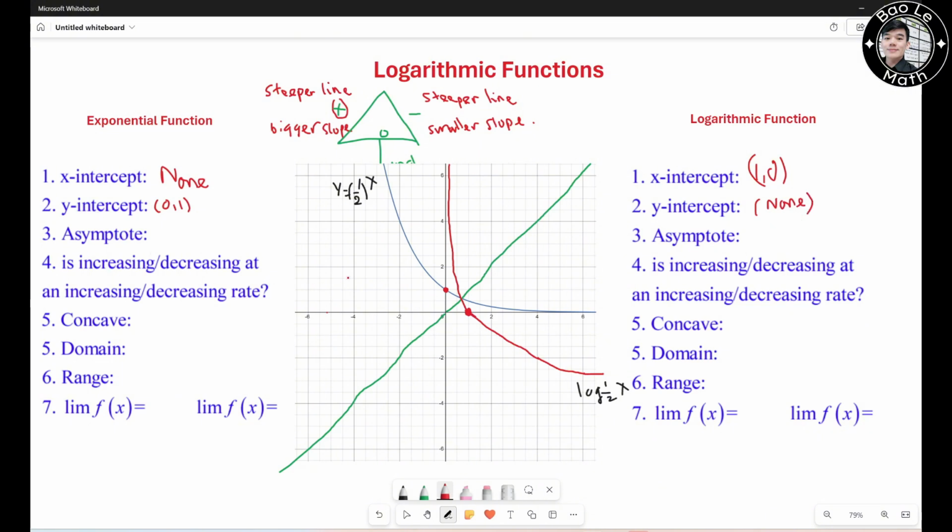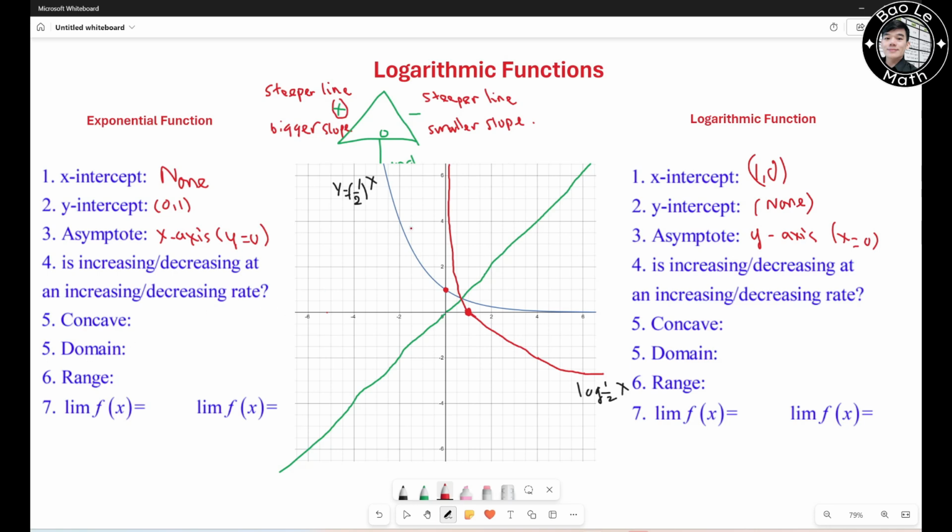The asymptote: the exponential function has the x-axis as an asymptote, y equals 0. Alright. For the logarithmic function, the asymptote is the y-axis, x equals 0.